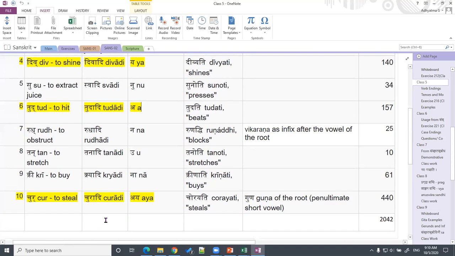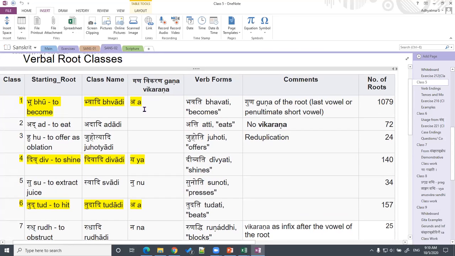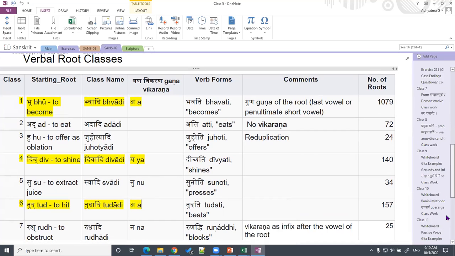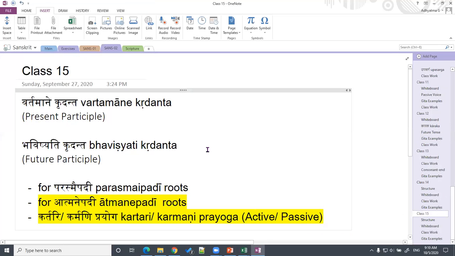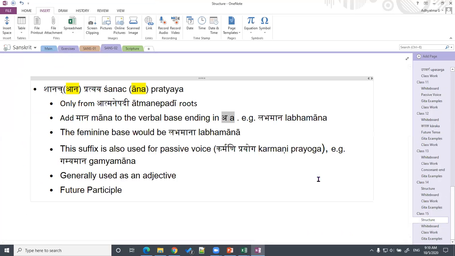Like choraya, or for bhu, it is bhuva, bhava, dev, deva. So the verbal base ends in akara. So far we have only studied the roots for these four classes, which end in a.